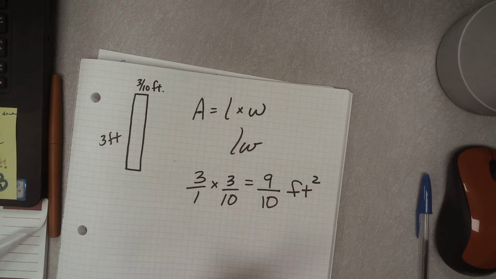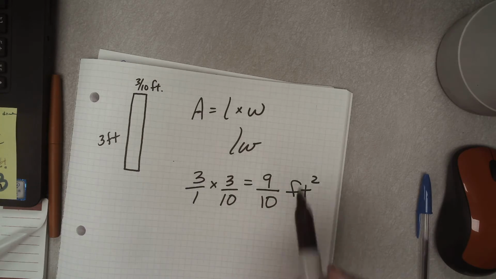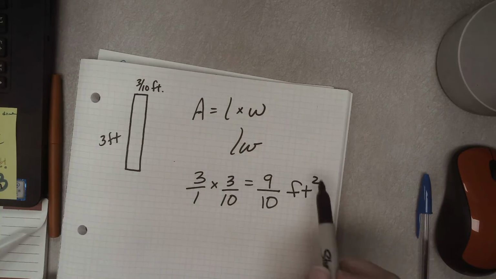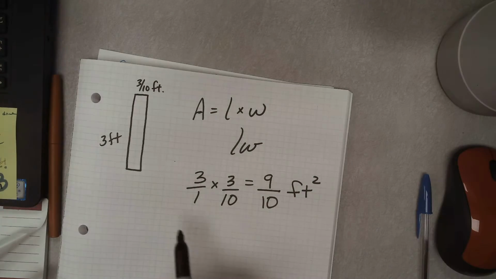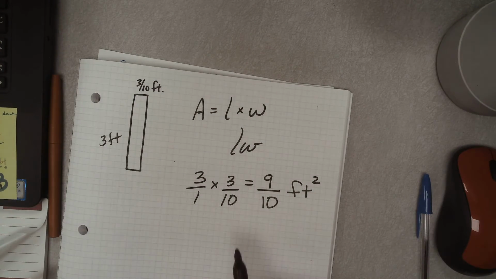Addison? It's area. But why is it a 2 in particular? Maya? Length times width. I'm multiplying 2 numbers. I multiplied 2 things together, so I have square feet. If I had the volume of a rectangular solid, I would have multiplied 3 numbers, and then my feet would be feet cubed, right? Okay.